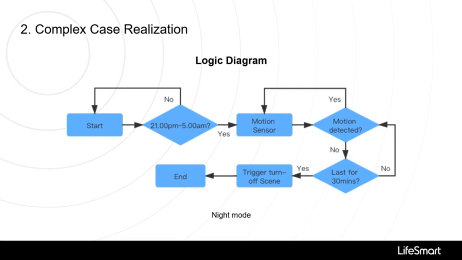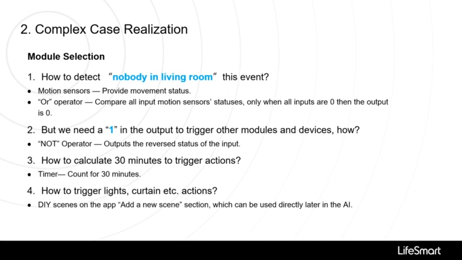So with this logic diagram, next we will need to select the modules to realize each part's functions. Firstly, how do we detect the event of nobody in the living room? Definitely we will need to use a motion sensor here, which can provide movement status.